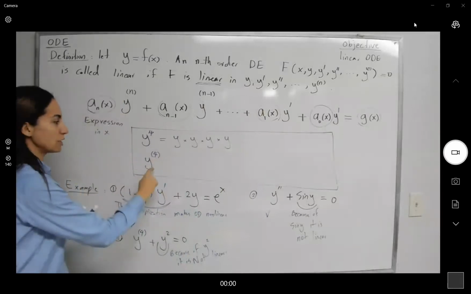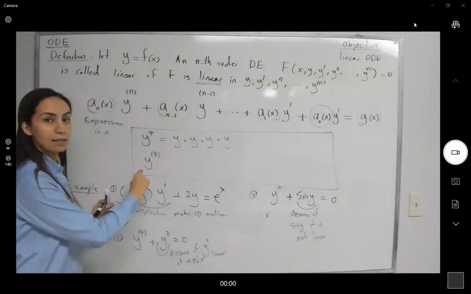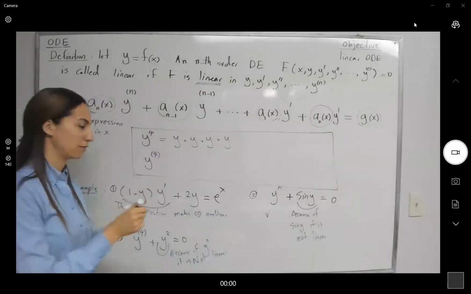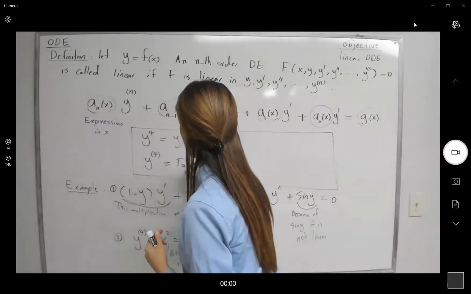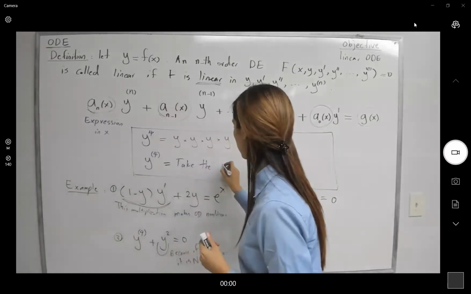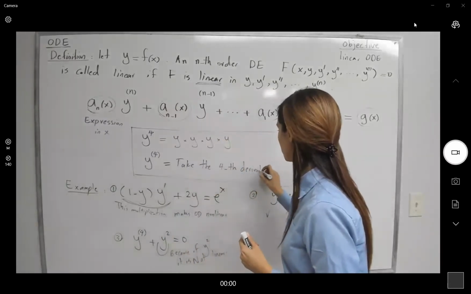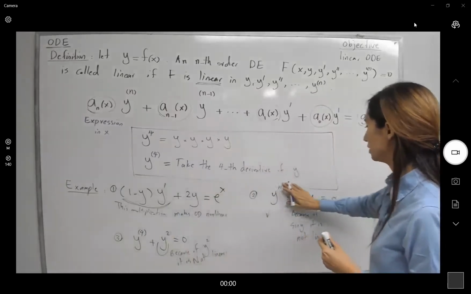But when you see 4 or any number in parentheses, it means that we take the fourth derivative of that function. Take the fourth derivative of y. That's the difference between these two.